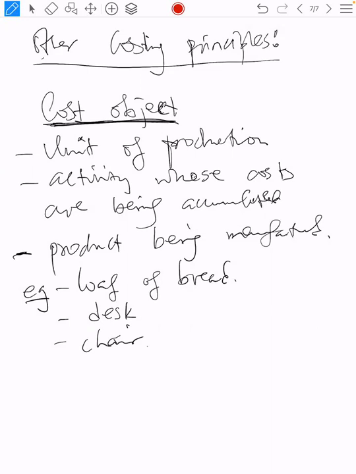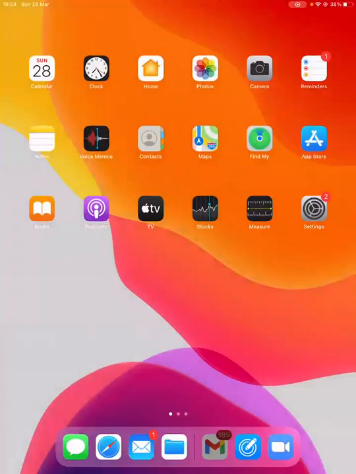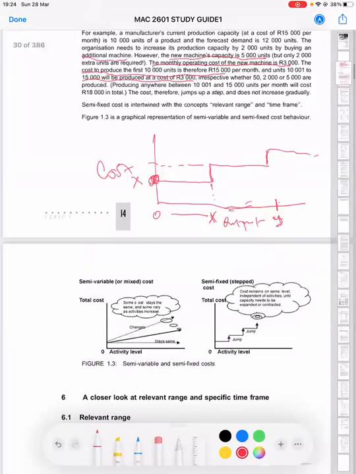All right. And another costing principle that you must know as a costing student is the issue of the relevant range. A relevant range, you also need to know that one. What is a relevant range?